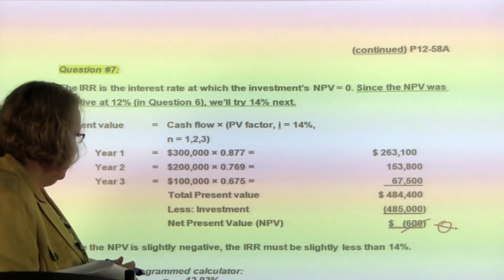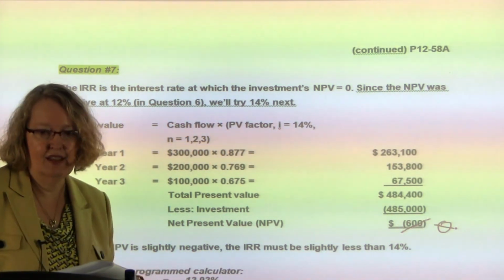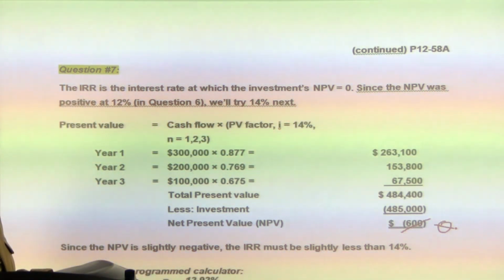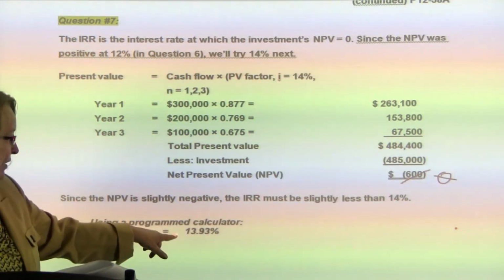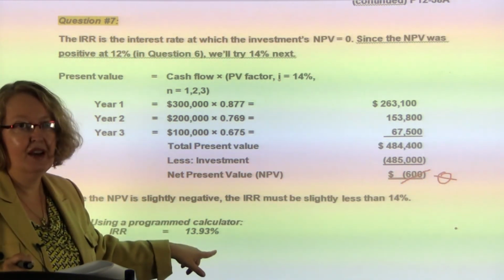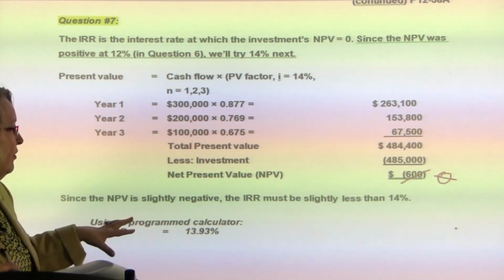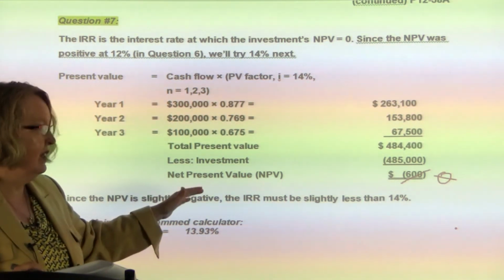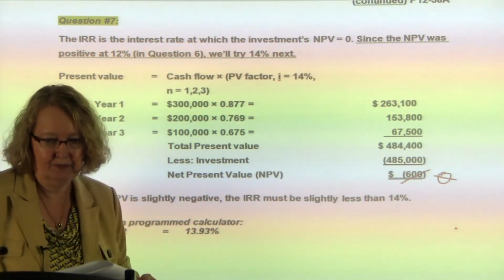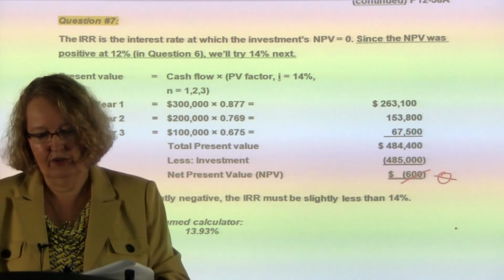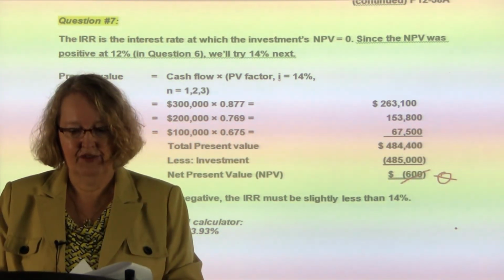So we know it's going to be somewhat less than 14%. And if you had done this calculation using your calculator, you would find that it's 13.93%. So internal rate of return is the point at which your NPV equals 0. And that concludes problem 12-58.